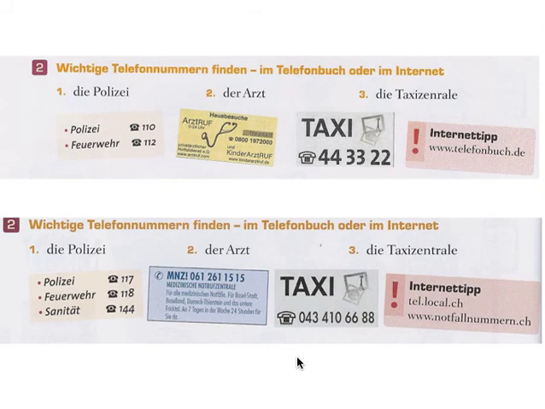Take a look. Yes, you're right. The only difference here, this is the German part, here is the Swiss part. How do you know? DE, Deutschland, CH, Switzerland. So if you look for google.de, you're on the Google German part, and if you look for google.ch, you're on the Swiss Google.